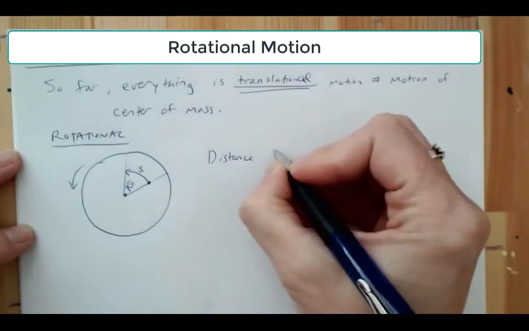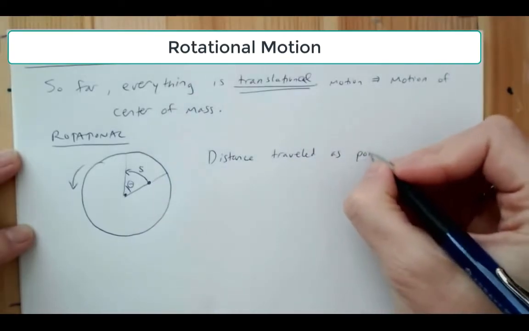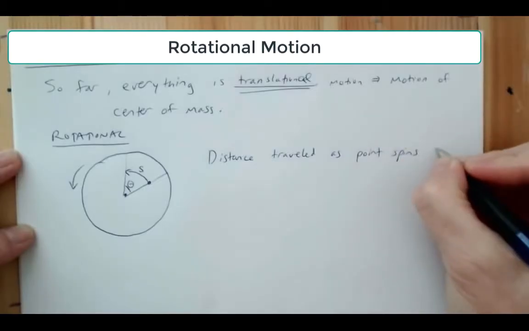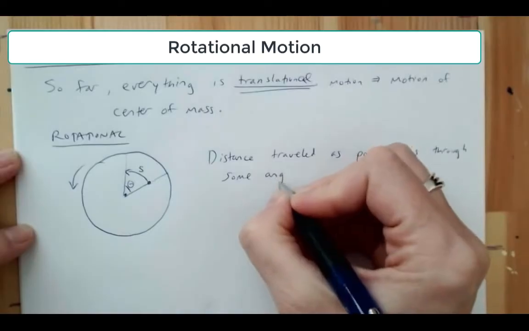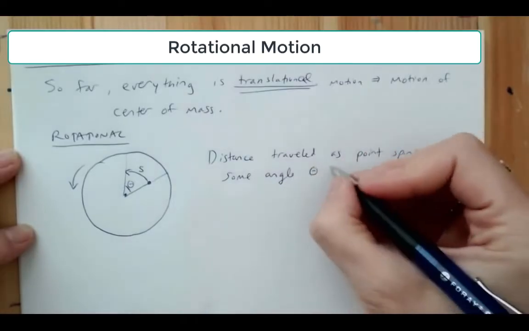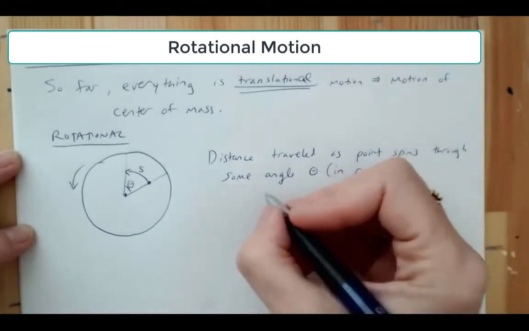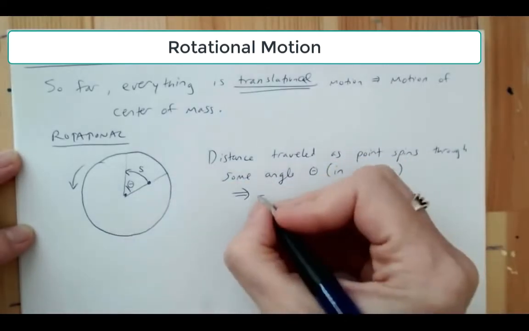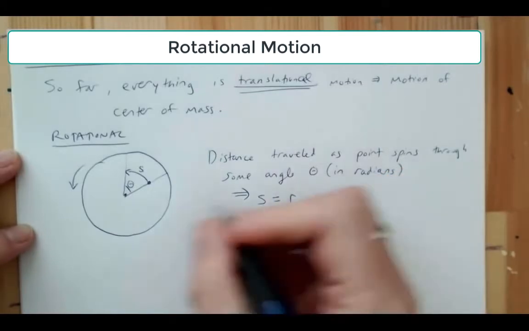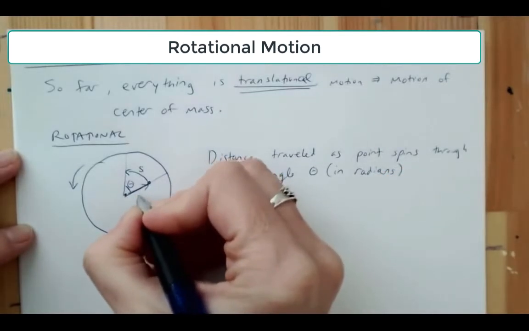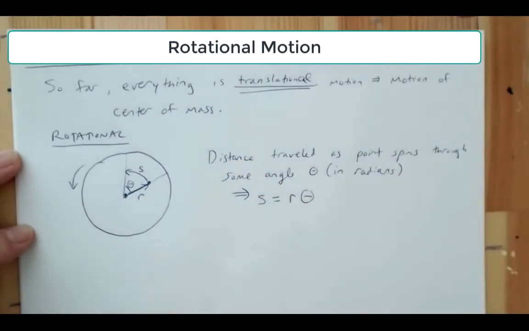So the distance that is traveled as this one point spins through some angle theta, where theta now, remember, is going to be in radians, then this distance S is actually going to be equal to R, which is the distance from the center to the point, times theta.